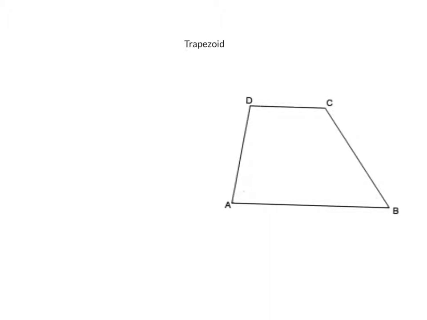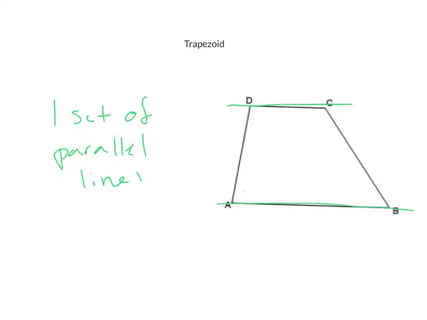A trapezoid is a quadrangle that only has one set of parallel lines, and that's where the top and the bottom are parallel. Because if we were to bring these sides out over here, the left and the right, you'll see that the right and the left will cross at some point. So a trapezoid only has one pair of parallel lines, one pair of lines that will never, ever, ever touch.